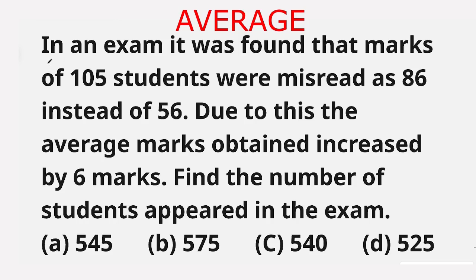Our question is, in an exam, it was found that marks of 105 students were misread as 86 instead of 56. Due to this, the average marks obtained increased by 6 marks.